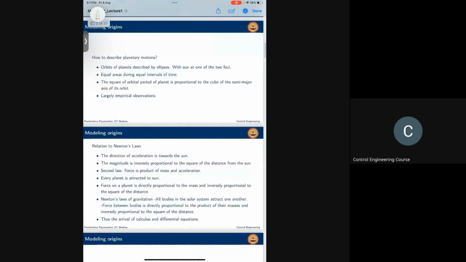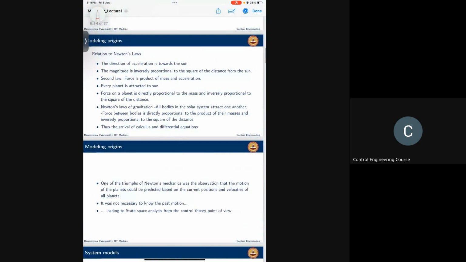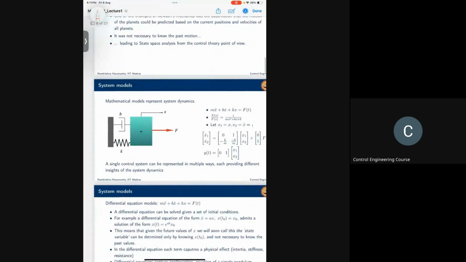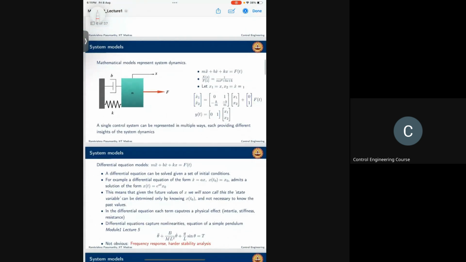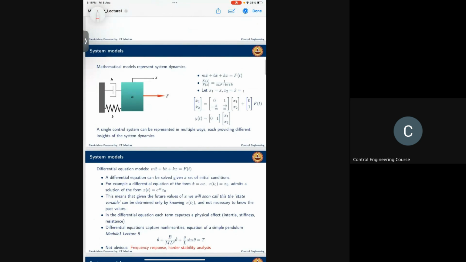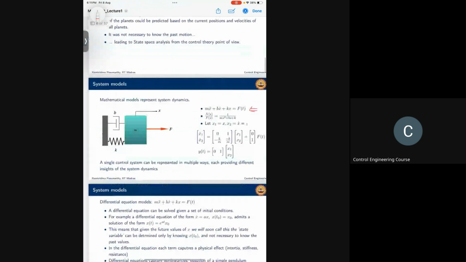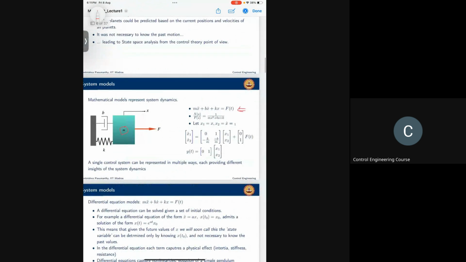Right. These are some recaps you are familiar with. This is an example mechanical system we have taken. We saw this system when we were studying the transfer function. It's a mass spring damper system, where m is the mass, k is the spring and b is the damper, x is the position and F is the force you are giving to that system.